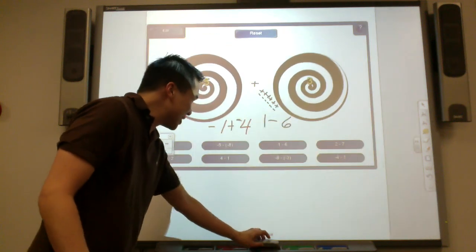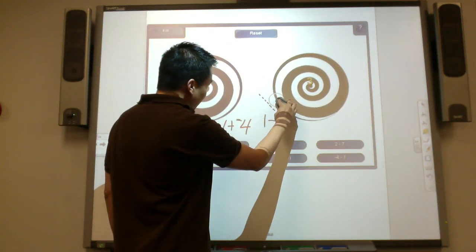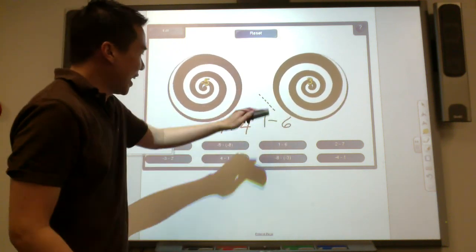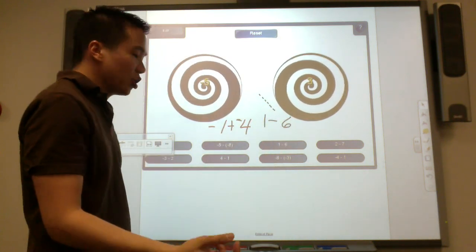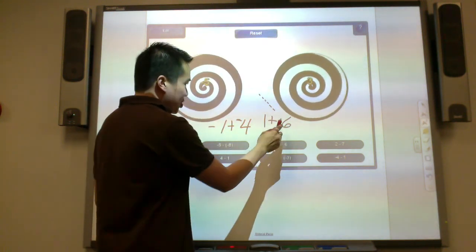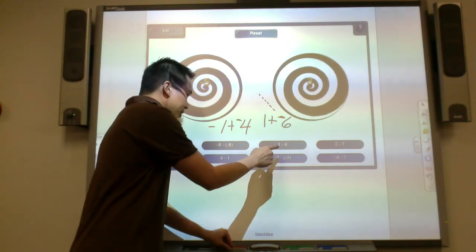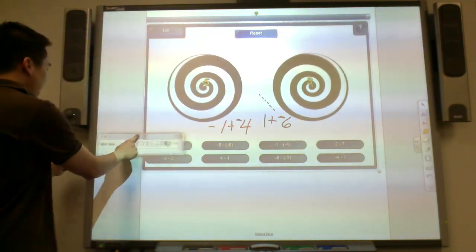So now I can take away 6 positives. 1, 2, 3, 4, 5, 6. And what do you have left over? Negative 5. Or if you just want to do the rule, change the minus to a plus, change the sign of the next. 1 plus negative 6 is negative 5. That's here. So let's go back a screen.